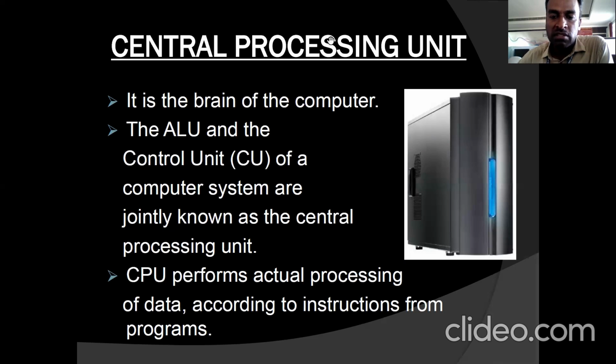The CPU performs the actual processing of data according to the instructions from programs. So the process is performed on the data given by the user. Suppose the input given is addition, subtraction, or multiplication; according to the instruction given by the user, the unit will perform it.